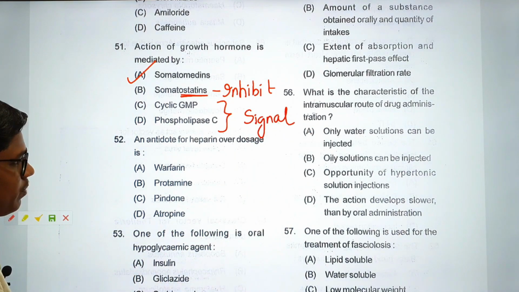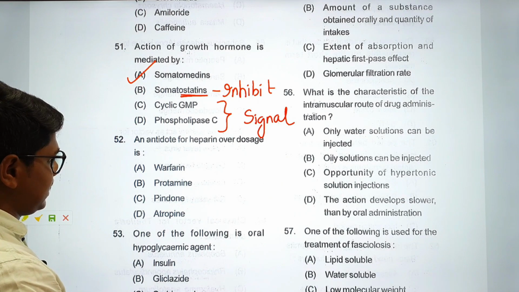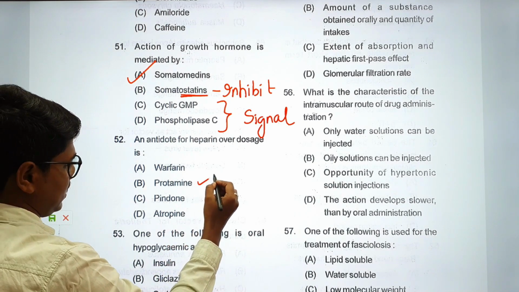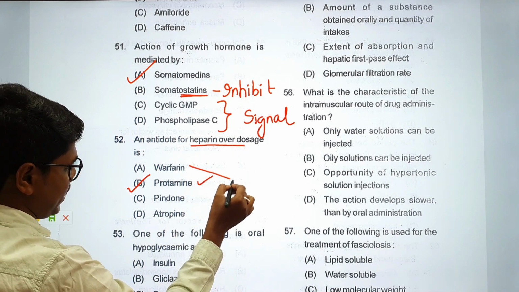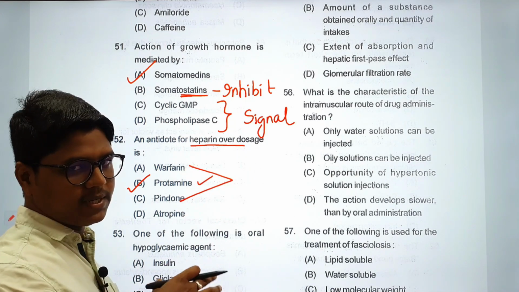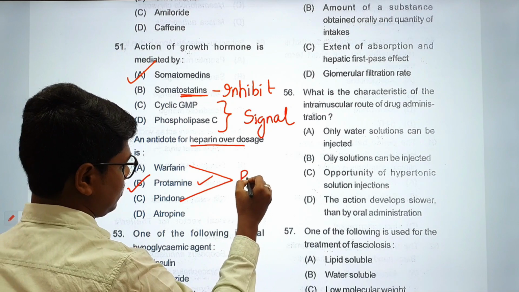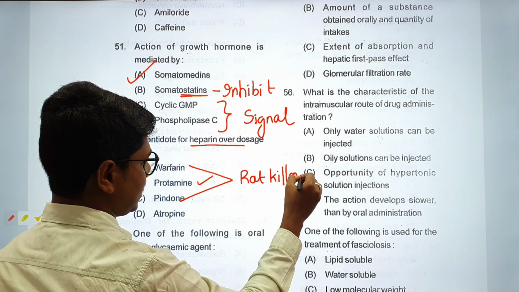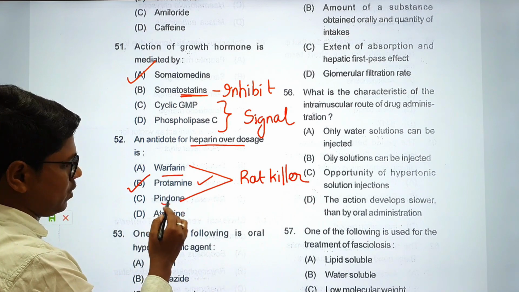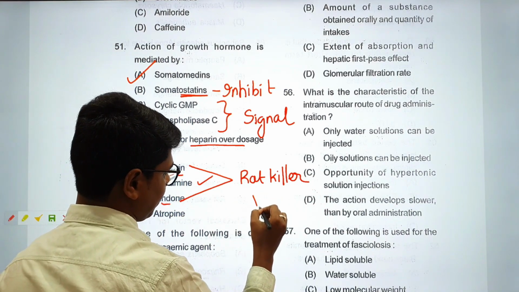The antidote for heparin overdosage is protamine. Warfarin and indandione are present in rat killers. While there is poisoning of warfarin, the antidote is vitamin K.